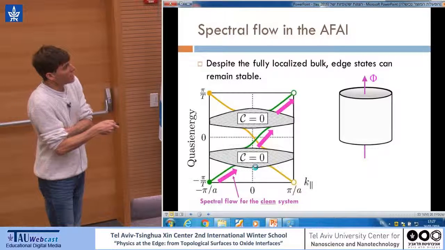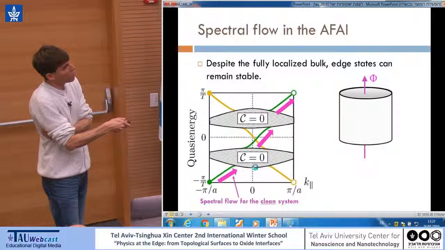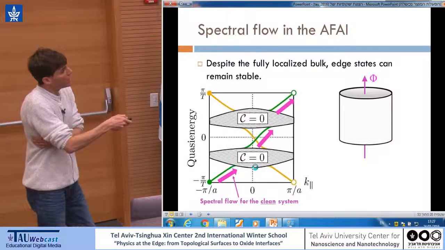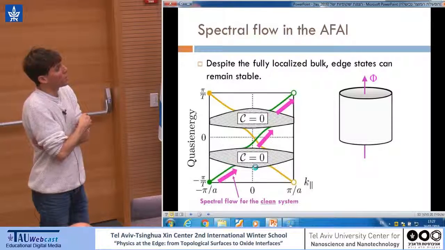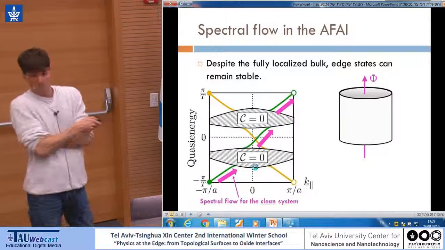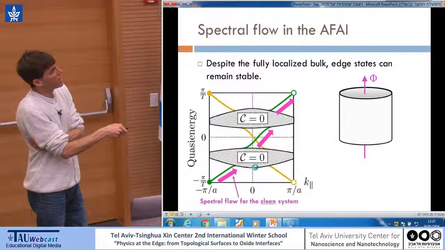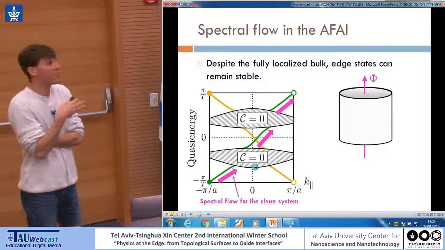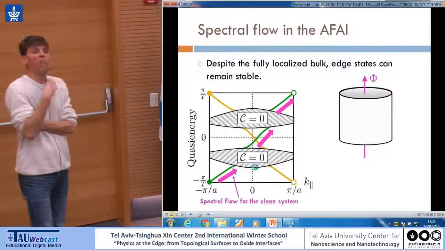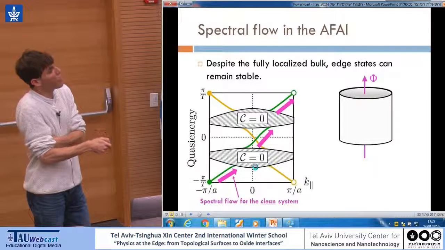Now, usually, if there's a delocalized state in the bulk, then this kind of spectral flow can stop in the delocalized band, and then it could emanate again from the delocalized band. So I could get a picture like this. But if all the bulk states are localized, then the bulk states cannot flow. A localized state cannot flow if I add flux in the cylinder.